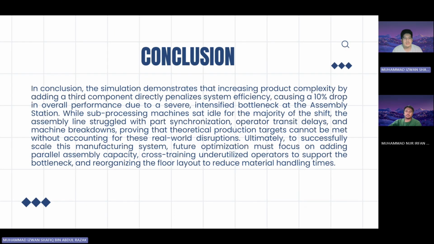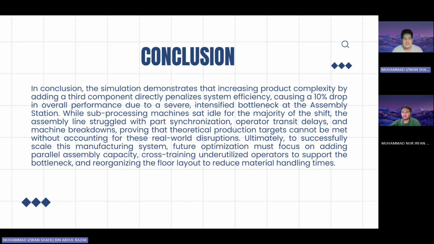In conclusion, the simulation demonstrates that increasing product complexity by adding a third component directly penalizes system efficiency, causing a 10% drop in overall performance due to the intensified bottleneck at the assembly station, while sub-processing machines sit idle for the majority of the shift.